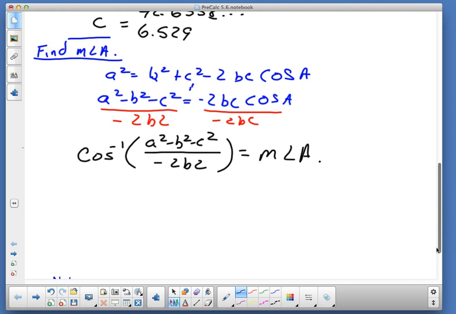It's just me manipulating a formula that I know about.